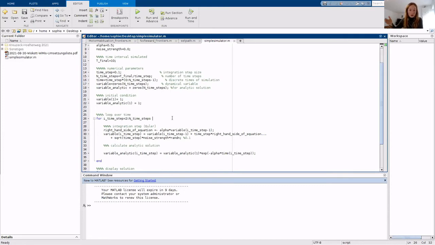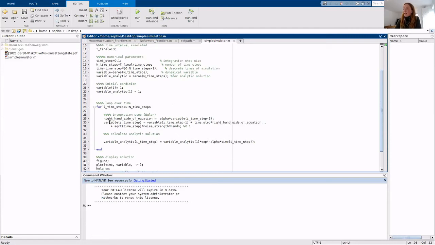So going through each time step, we calculate, this is the Euler step here. We calculate the state of this time step equals the state of the last time step plus our time step times the right-hand side of the equation, which is our function f of the state.